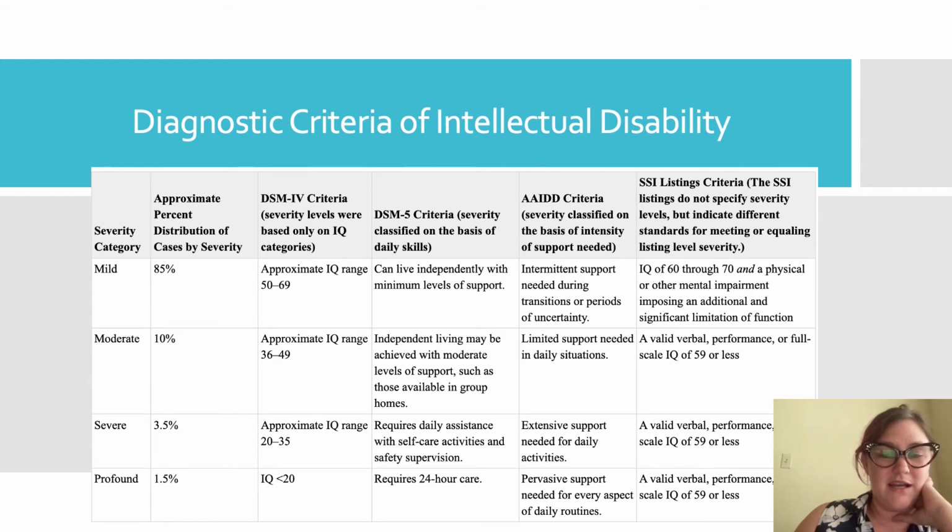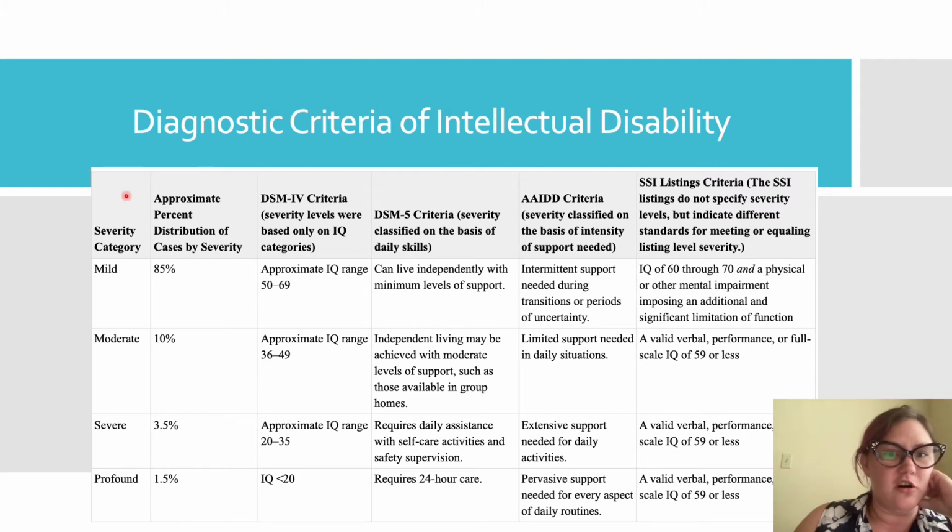On this next slide, I've mentioned intellectual disability a lot because it is a modifier that we use for autism, the autism diagnosis. And so I wanted to spend a little time talking to you guys about what the diagnostic criteria for intellectual disability are.